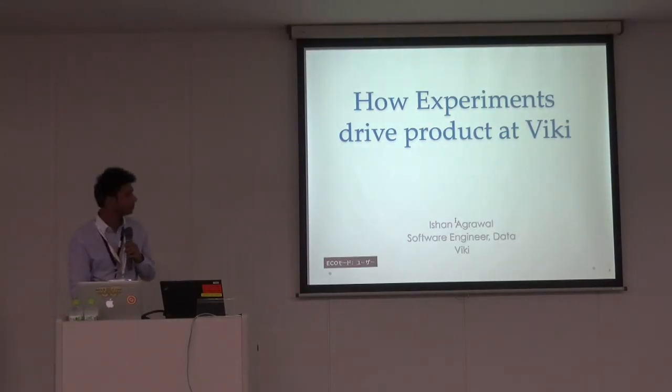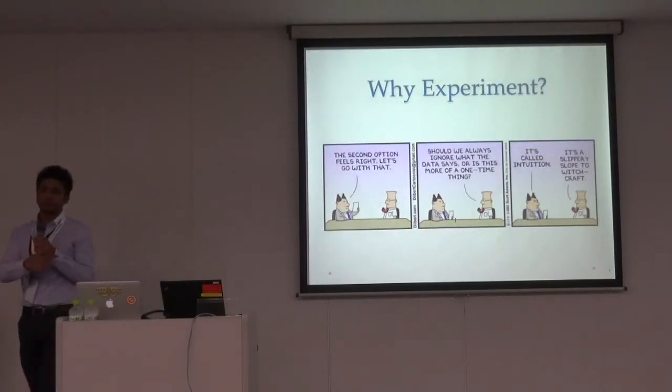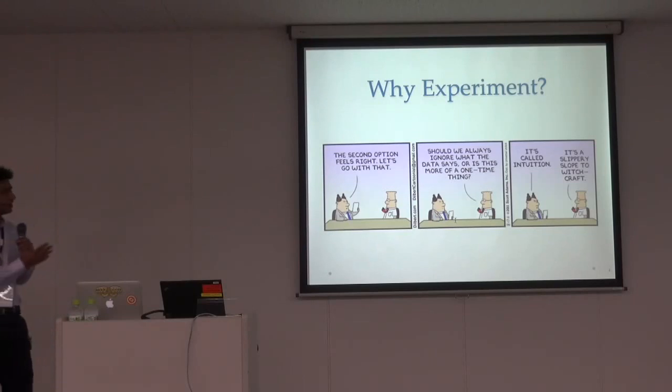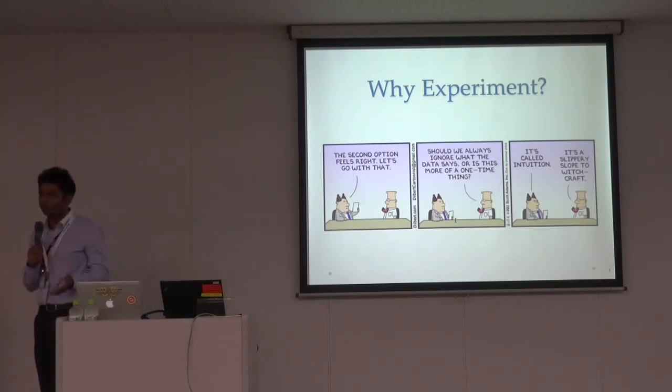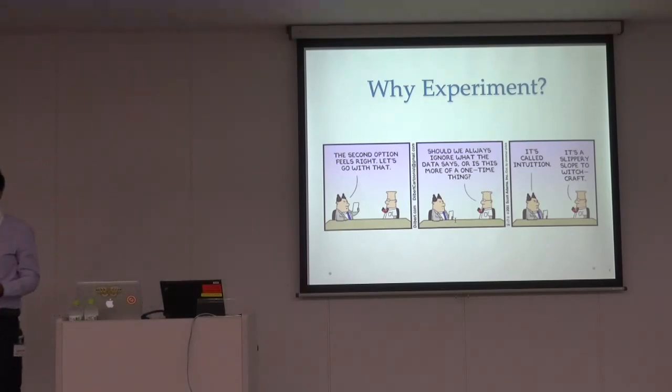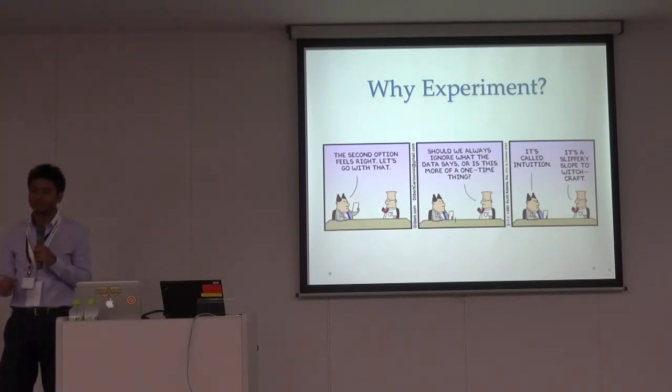So why do we want to experiment? This is one of the Dilbert cartoons I kind of like about experimentation, which talks about your intuition may not work. Your intuition may work when you don't have a lot of users, but when you have over 1 million users, let the users decide what they want.